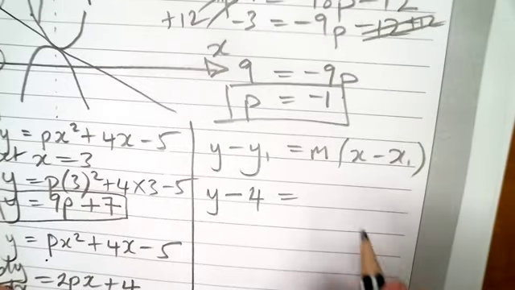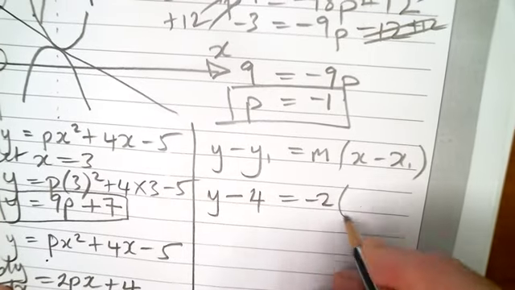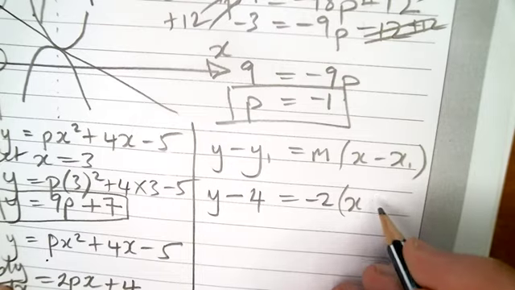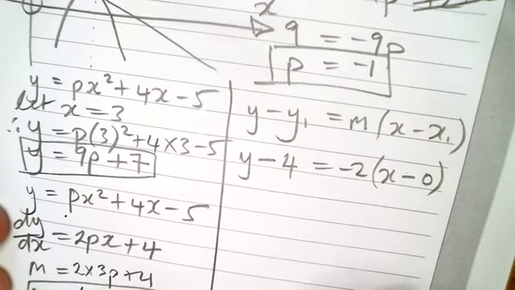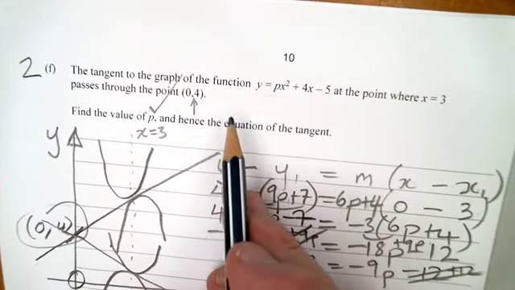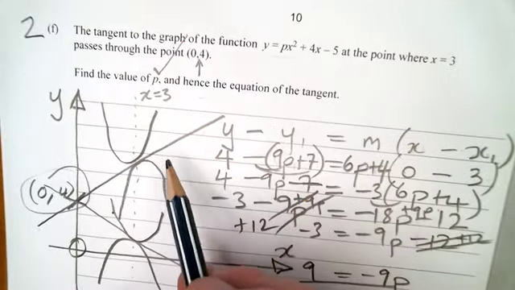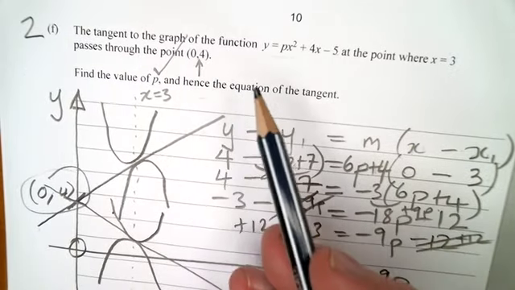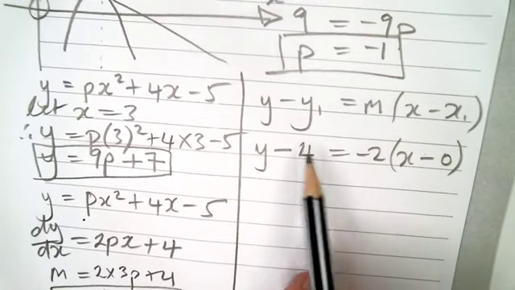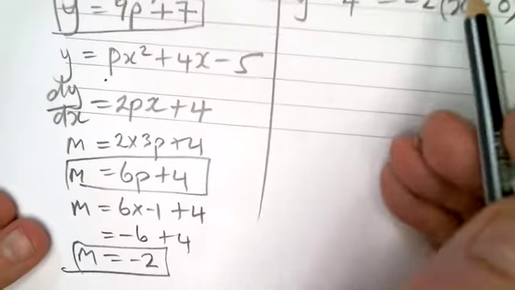So I'm going to have negative 2 brackets x minus x1, and x1 was 0. And the reason I'm using that is because they're the points through which this thing travels. In other words, to use the point gradient form, you've got to have a point and a gradient. Well, we've got our point, it's 0 comma 4, and our gradient is negative 2. So that's how we're doing this.